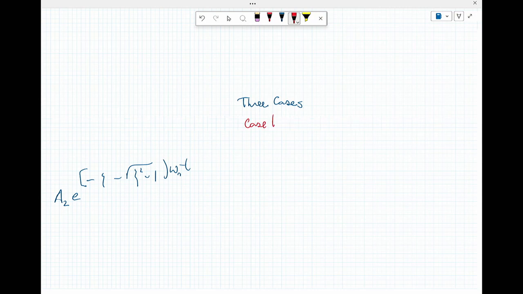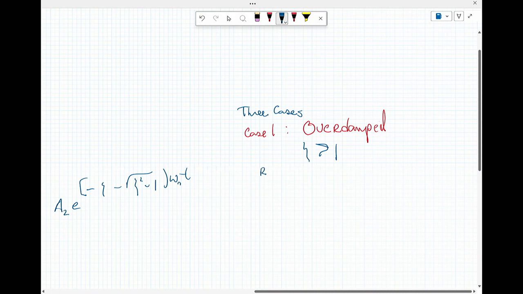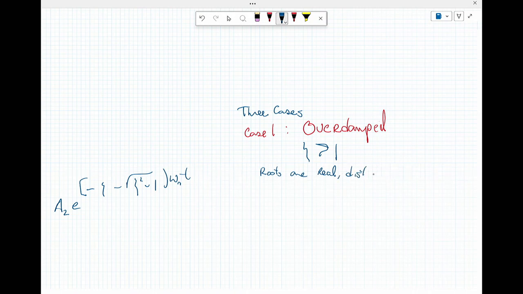Case 1. Overdamped. Zeta is greater than 1. So your roots are all negative, and you have overdamping. Roots are real, distinct, and negative.